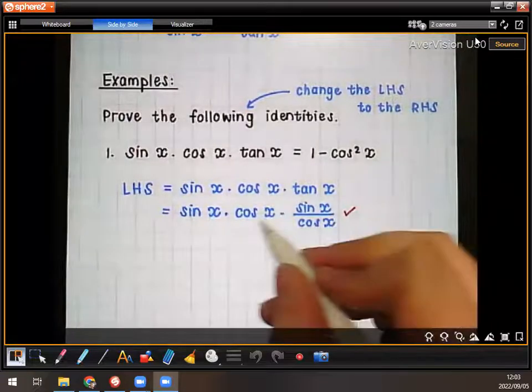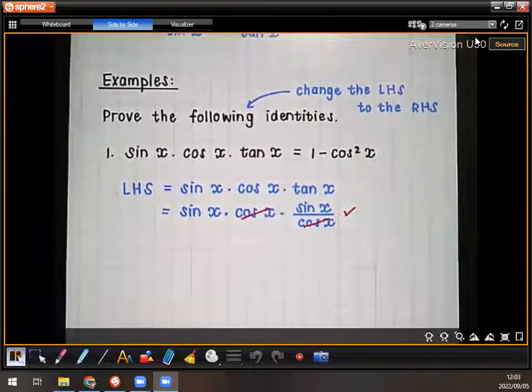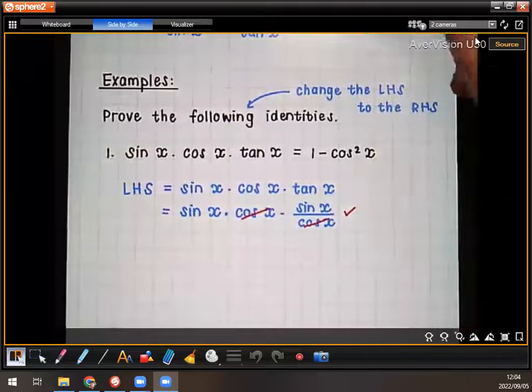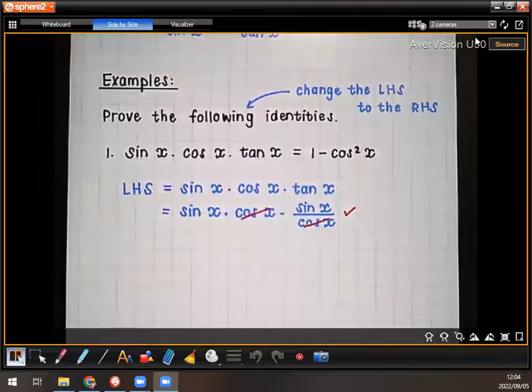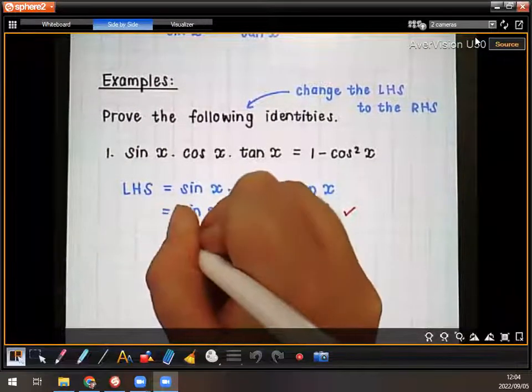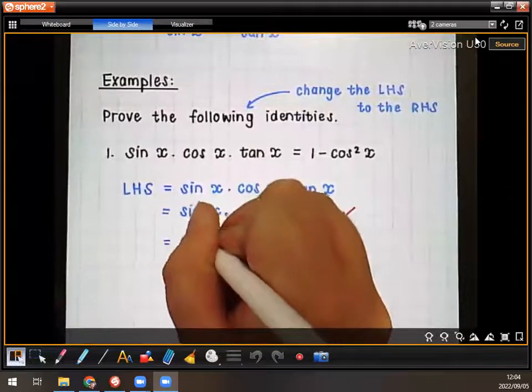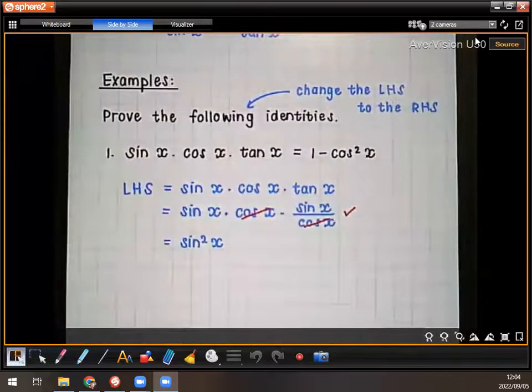These two cos x's can cancel each other out, right? Now guys, if you draw the line like that, make sure that it's quite faint so that I can still see what you wrote there first. So when I do that, what's going to be left? Sin x times sin x, which is sin squared x. Remember, guys, what about trying to change this into 1 minus cos squared x?